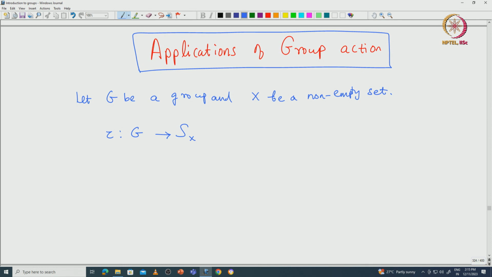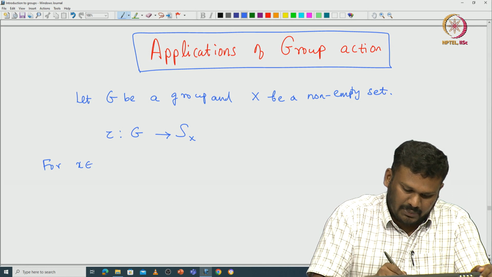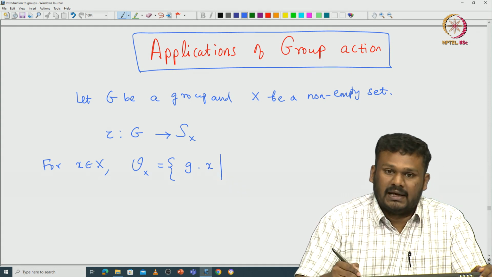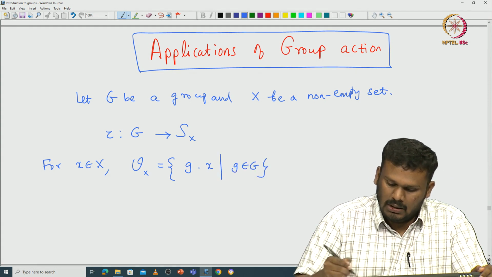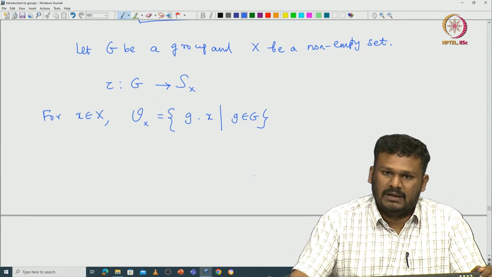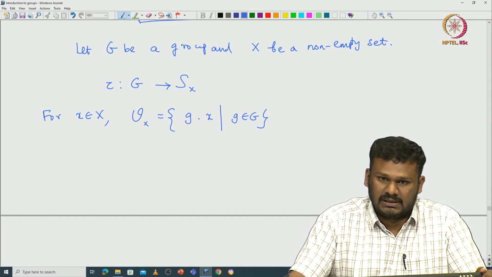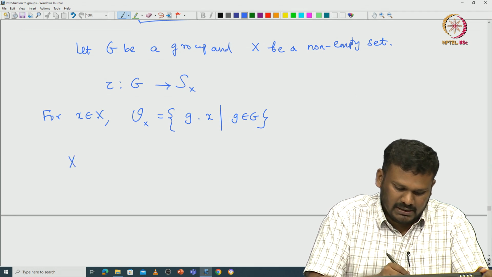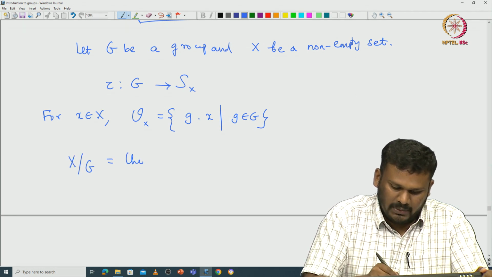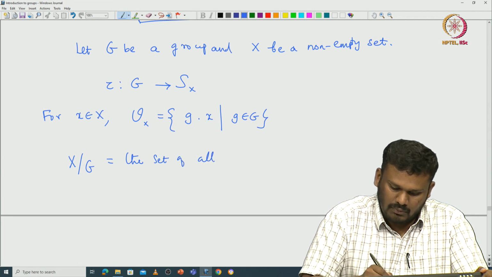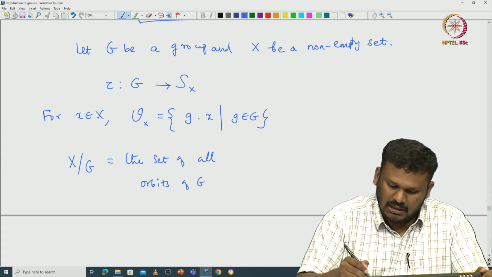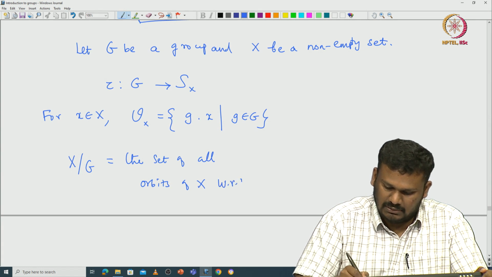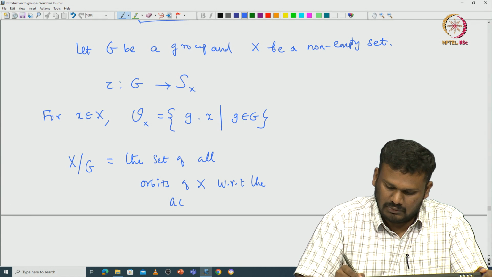What it says is, for given x in capital X, we have this orbit of x, that is all possible images of x under the action of capital G. Then we proved that the set of all orbits forms a partition of this capital X. In particular, we denote this X mod G by the set of all orbits of X with respect to this action of G.